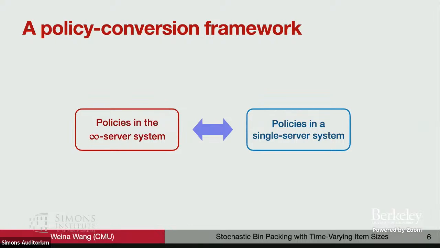I'm going to tell you about the single server system in the next slide, but here I want to give you a very high level overview of this approach. When we do the mapping this way, we take a policy in the single server system, and we need to construct a server in the infinite server system based on that.